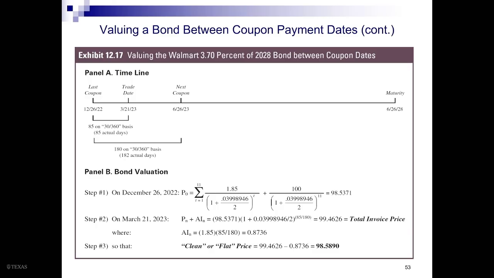So that is 85 days in the 6-month period. Brian's piece of this is 85 over 180. So slightly less than half is what he would be entitled to, and the rest is what I would deserve.